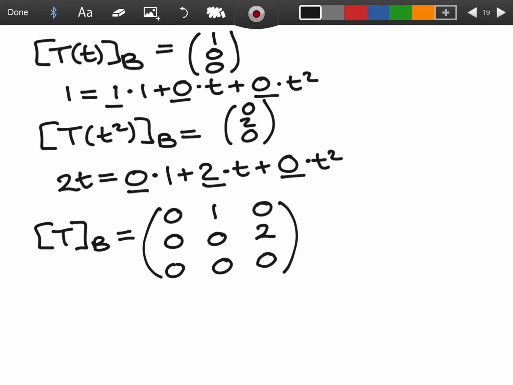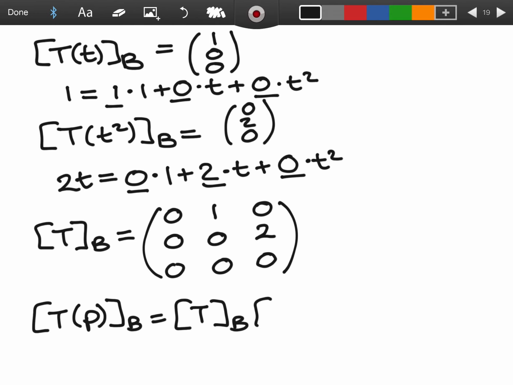Okay. So let's relate this matrix back to the problem. What this matrix is going to do is, for any polynomial p, if we write that polynomial p in terms of our basis, so we're going to find the B coordinate vector for the polynomial. In this case, our basis B was 1, t, and t squared.